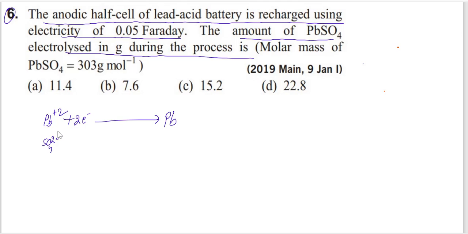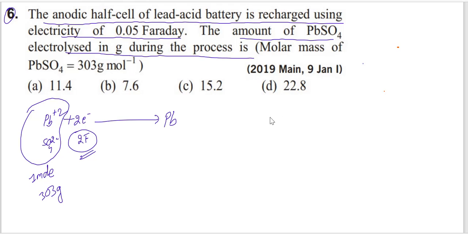So see, by taking 2 farad current, 1 mole of lead sulfate will be electrolyzed. 1 mole. For 1 mole के लिए we need 2 farad current. ठीक है? Now you tell me 1 mole के लिए what does that mean? 303 gram.